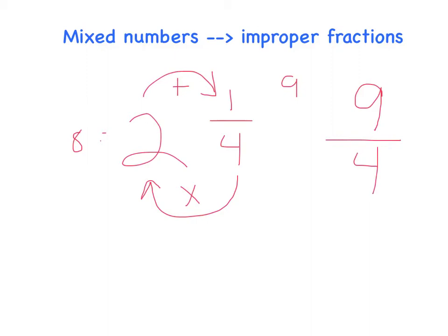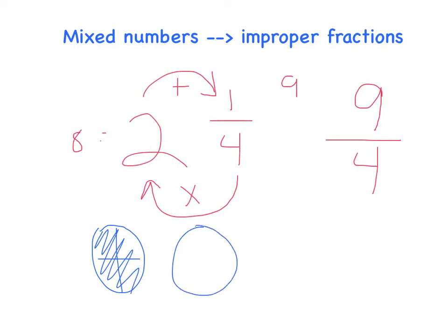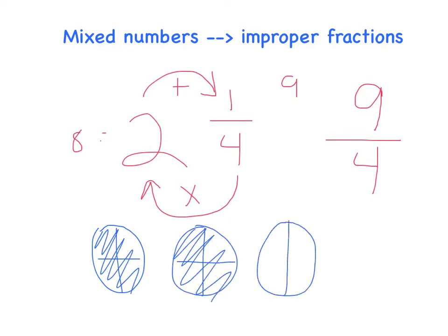To draw a picture to help prove that those are the same thing, if I have two wholes shaded in, and then one part out of 4, that's the same as 9/4, because I get 1, 2, 3, 4, 5, 6, 7, 8, 9. I just did a quicker way to get there.